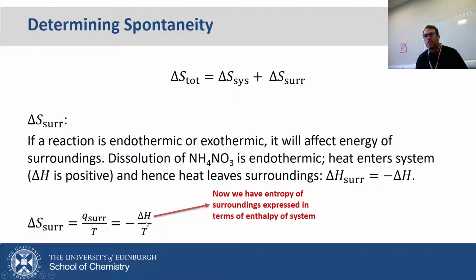This is really useful because it's a very difficult thing to consider, the surroundings being essentially the entire universe apart from our system, but we now have it expressed in terms of the system. And this is at constant pressure, remember, because Q at constant pressure is equal to delta H. If it was constant volume, then this would be delta U.